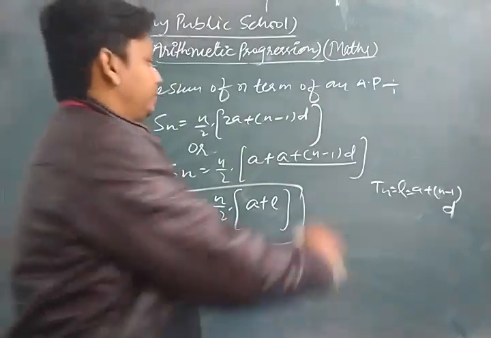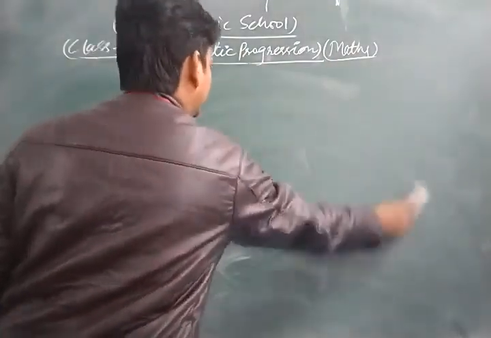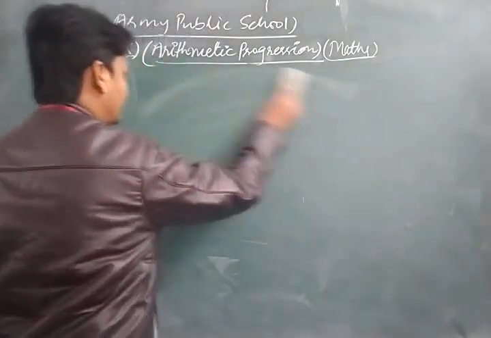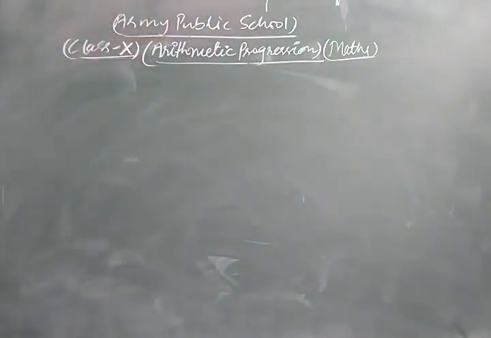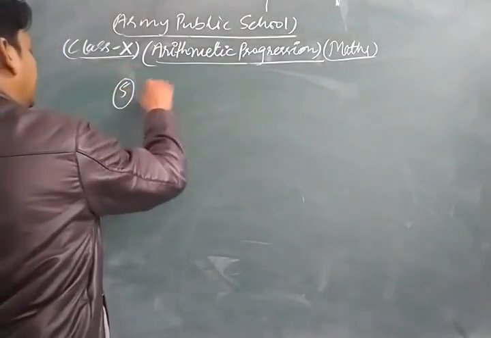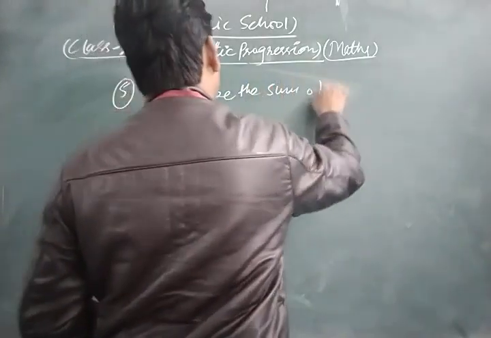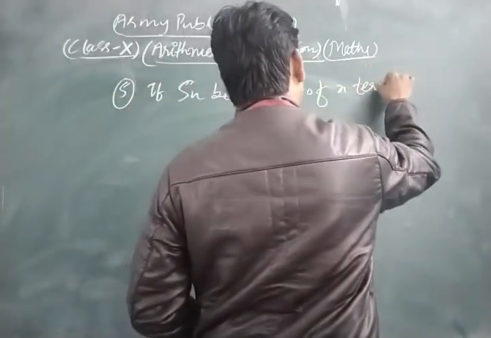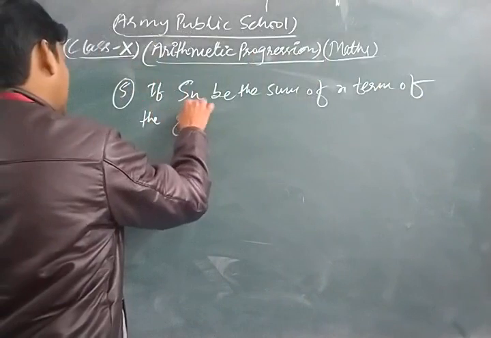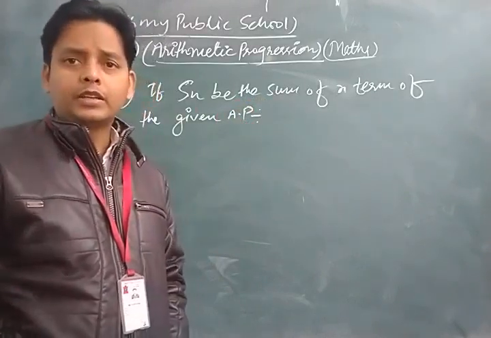Okay, now suppose that, next one is, if Sn is the sum of n terms of the given AP, then what is the formula to find the nth term?